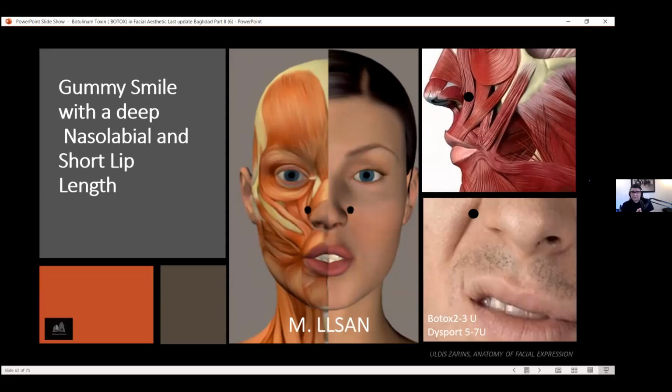Like, for example, for the levator labii superioris alaeque nasi muscle, you have to ask your patient to smile with a little bit of elevation of the corner of the mouth. Heavy smile with elevation of the corner of the mouth.